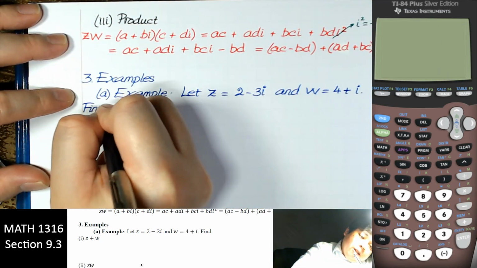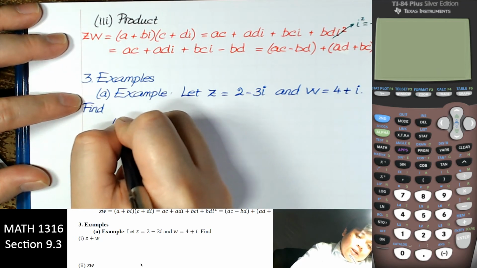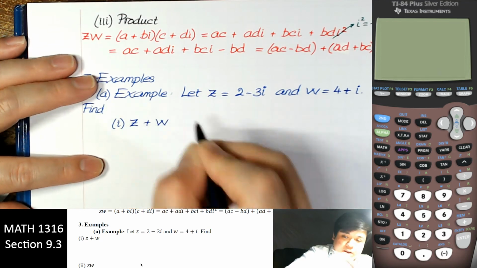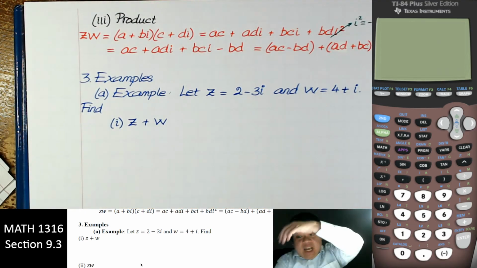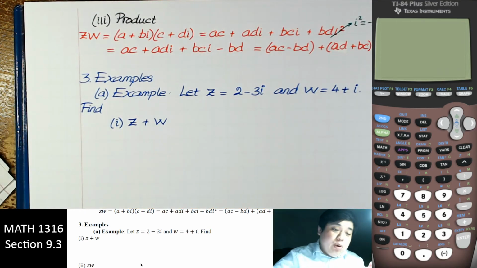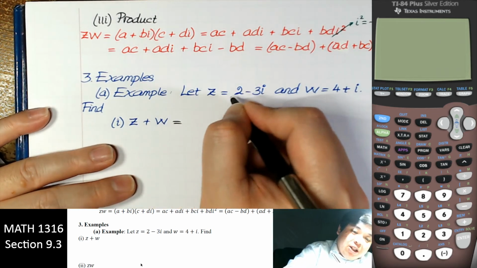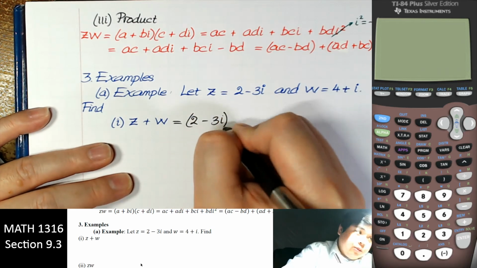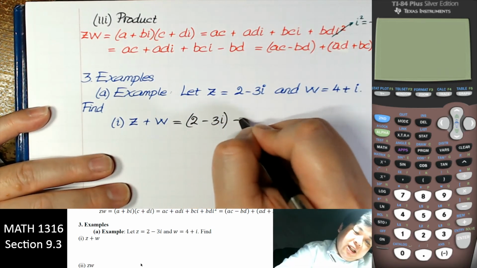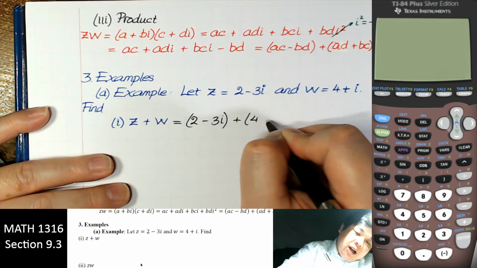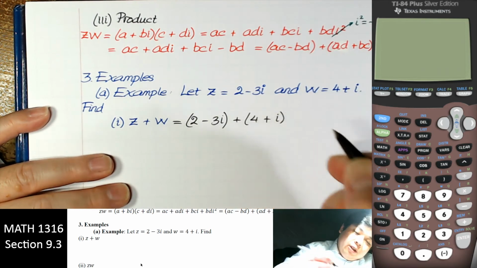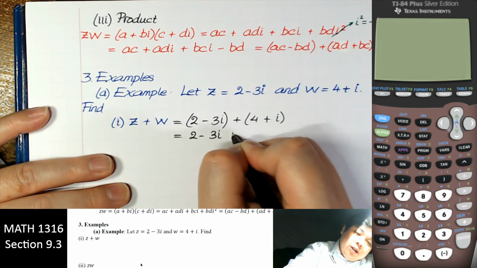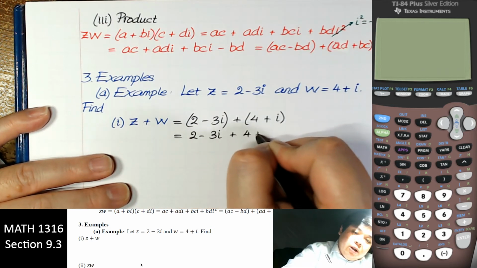Now find z plus w. I said we don't even need any formulas to do this problem. Just substitute in 2 minus 3i for z, add 4 plus i for w. So 2 minus 3i, then plus 4 plus i.